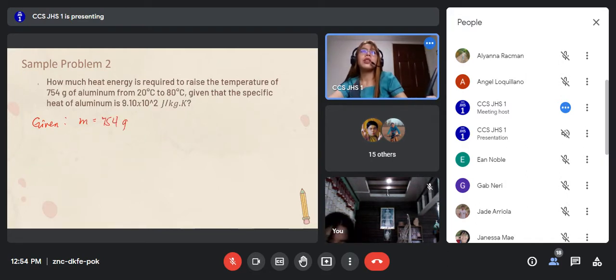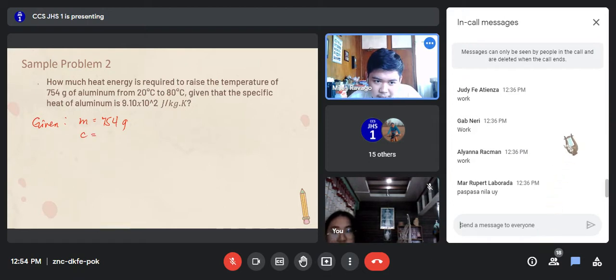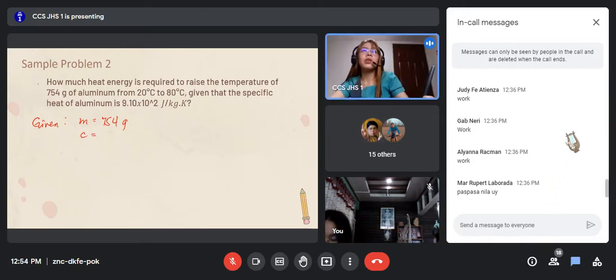What else? Specific heat. The specific heat of aluminum is 9.10 times 10 to the power of 2 joule per kilogram Kelvin. What else?